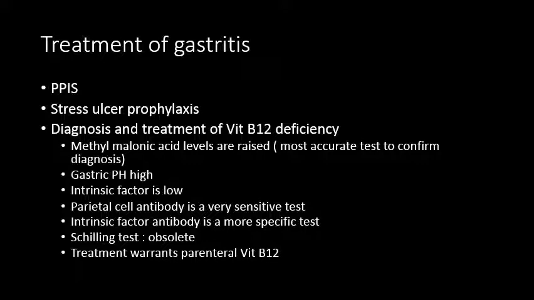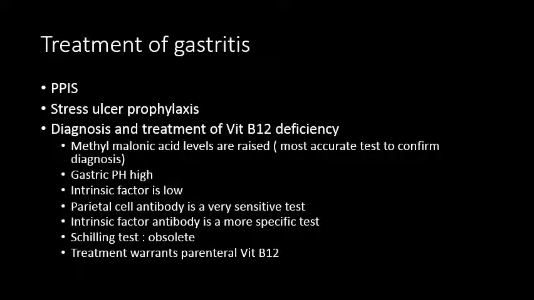Parietal cell antibody is a very sensitive test because that's what the antibody is formed against. It's an autoimmune condition. Intrinsic factor antibody is the most specific test. Schilling test is obsolete. So just remember that the gastric pH here will be high. Why high? Because acid is not being secreted, so the environment inside the stomach will become more alkaline.